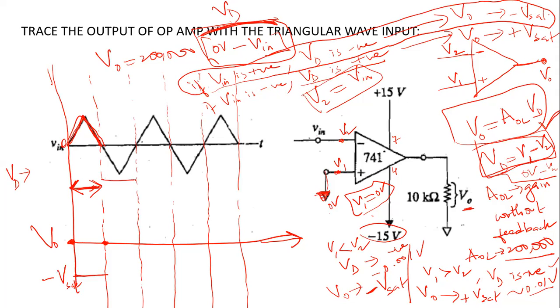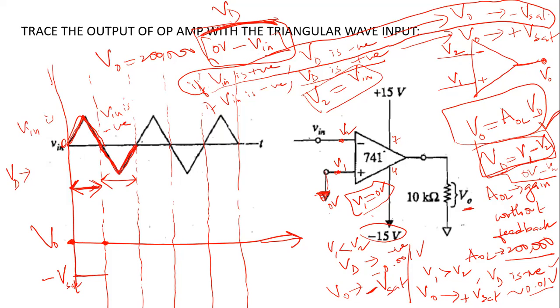Now, if you look at the next interval here, your Vin is tracing like this. That is, between this interval, your Vin is less than 0 volt, so Vin is negative. You agree with me? Your input voltage is negative here, and there is already a minus sign.